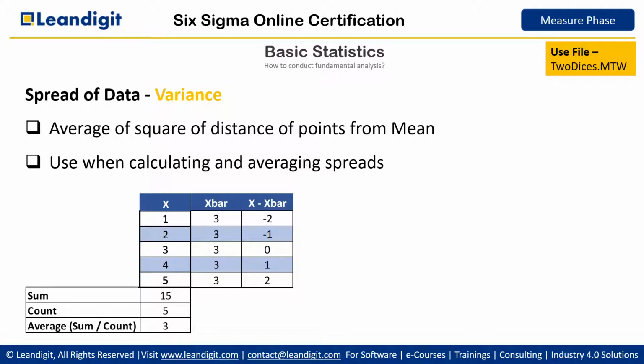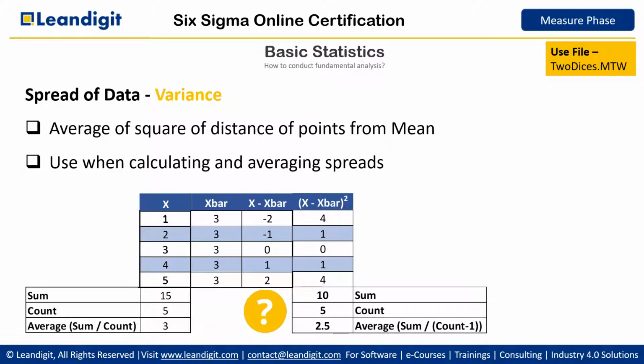So this way we calculate difference of each point from the mean, and if you were to calculate average, we will always get 0, and therefore there is no physical significance of taking average of x minus x bar. So to make it statistically and practically significant, we take the square of x minus x bar. So minus 2, the square is 4, minus 1, the square is 1, and therefore we add up the squares.